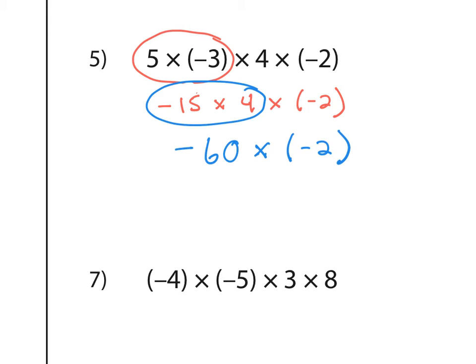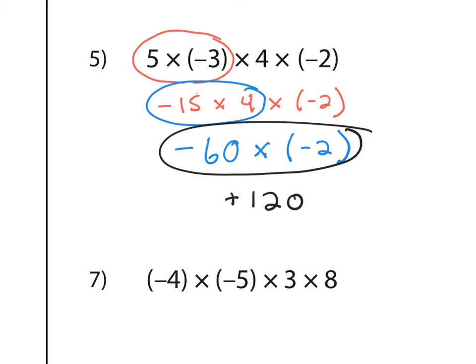And finally, please tell me what the product of negative 60 times negative 2 is. And the product, the final product, is positive 120. You do not necessarily have to write the positive sign when we're working with the final product or any product, but since we're trying to identify, I'd like you to explicitly tell me or show me the signs.